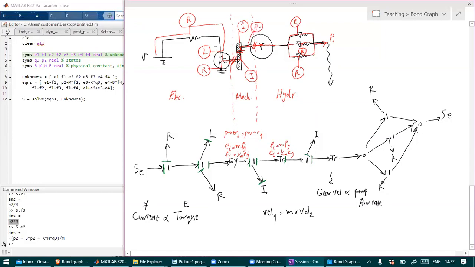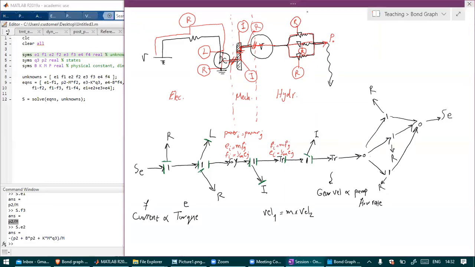Okay. Now the question is, what remains constant across the friction, the resistance? So that is the flow. The flow, exactly. The flow remains.